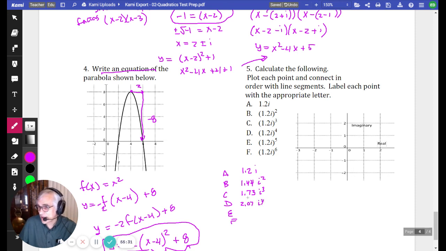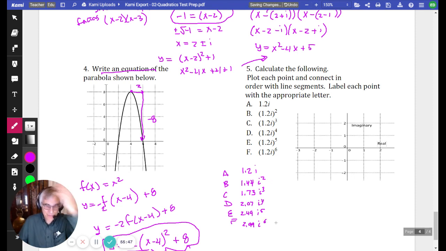For E, we have 2.49, i to the fifth, and then finally for F, we have 2.99, i to the sixth power.